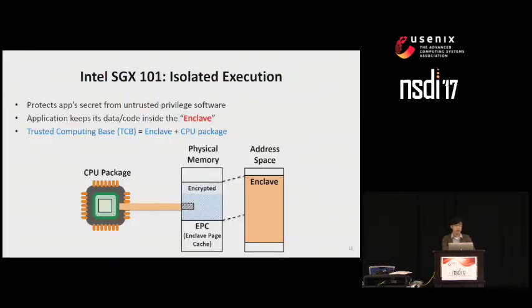To understand how SGX-Tor works, let's see more detail about the memory protection mechanism of SGX. Using SGX, an application can keep its data and code inside a secure container called an enclave. An enclave is mapped to an encrypted memory region called the enclave page cache. The content is only decrypted by the memory encryption engine inside the CPU package using processor-specific keys.